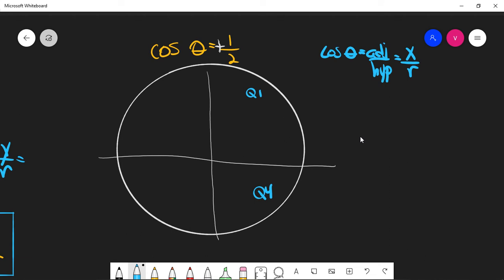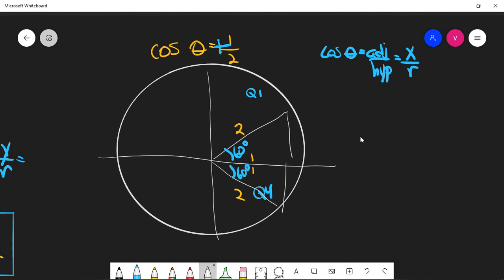The radius is always positive, so since this is a positive ratio, we're looking for a positive x. Positive x's are in quadrant 1 and quadrant 4. Draw your triangles in there. Adjacent is 1, hypotenuse is 2. We determined that that would be a 60-degree reference angle.